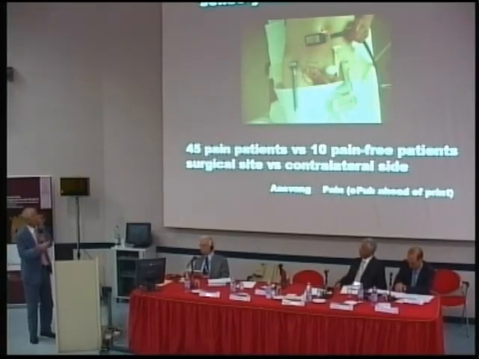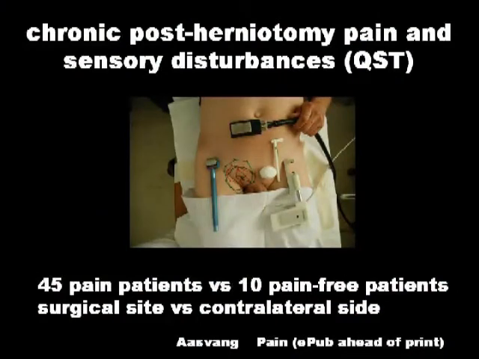And then they were assessed with this detailed well-defined equipment to measure sensory threshold, also for pinprick, with von Frey hairs, with cold, with heat, and with a pressure algometer, and also to map out what was the area of sensory dysfunction, and then to compare it also on the non-operated side.